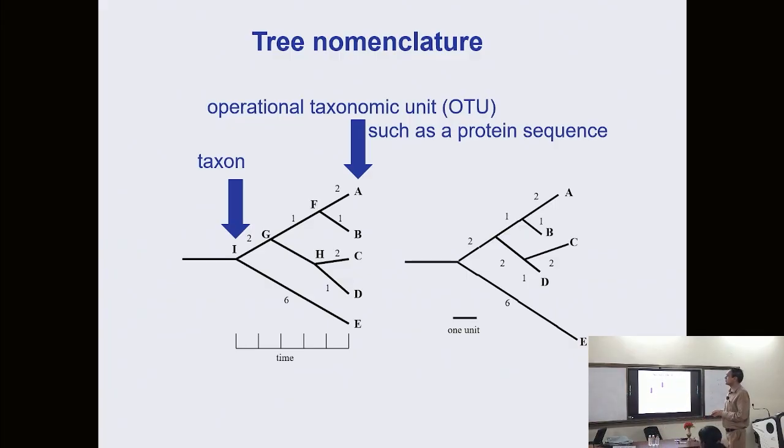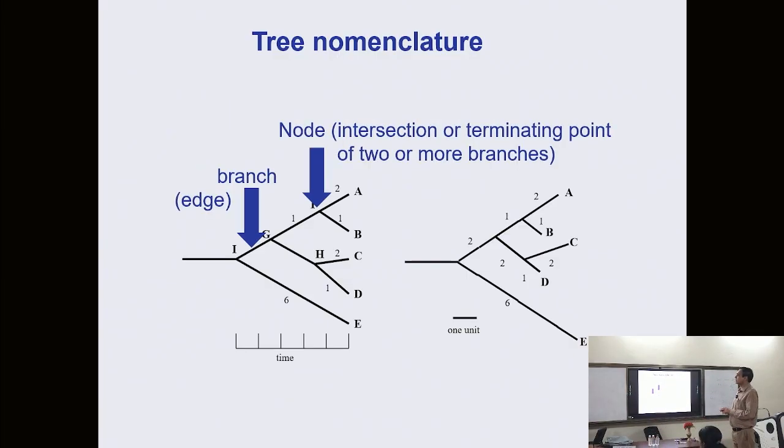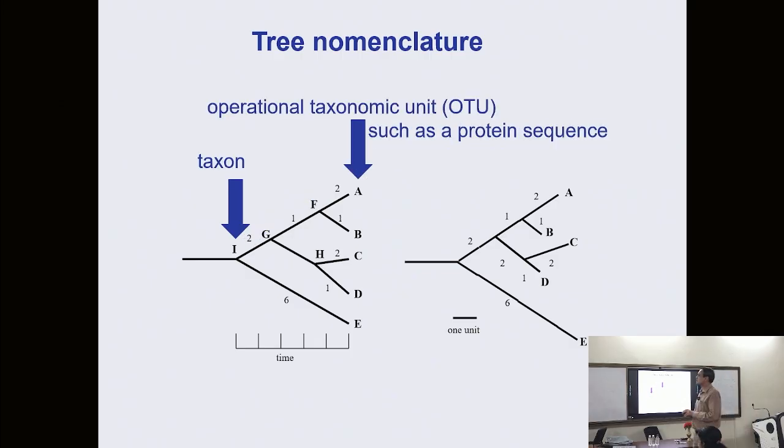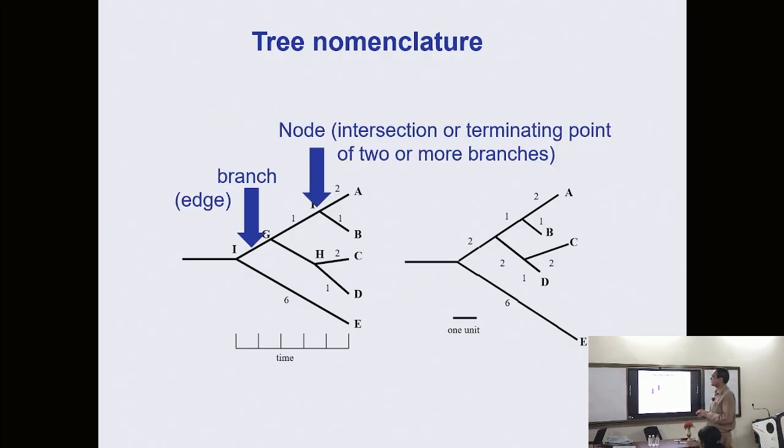Okay, so you understand these taxa, and then the nodes. Leaf nodes are the terminal nodes. They could be the sequences that you want to analyze, or they could be the organisms that you are interested in analyzing and understanding their relationships.